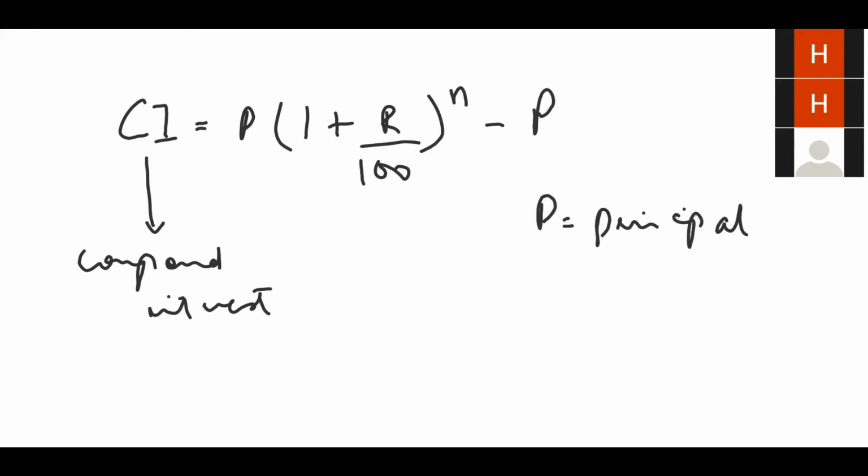Your R represents your rate, which we just discussed. And your N represents your number of years. We had T before, which represented the number of years in your simple interest, and in your compound interest, the same value is given by the alphabet N.